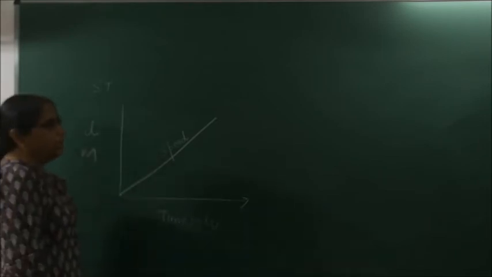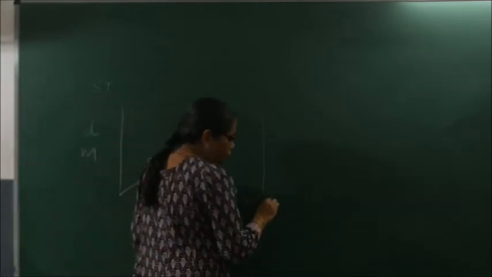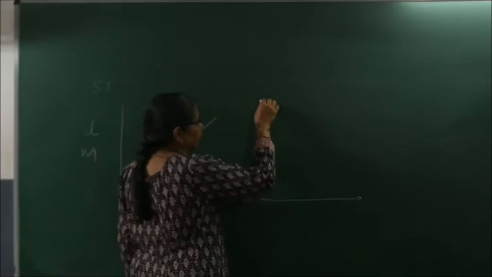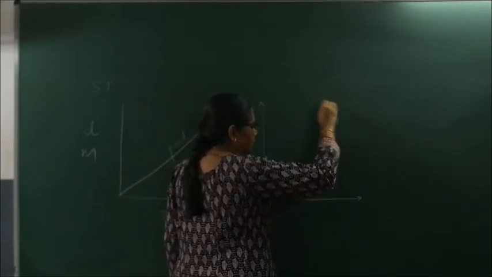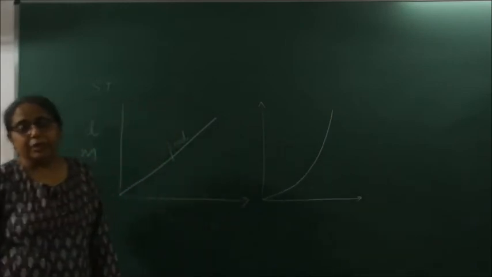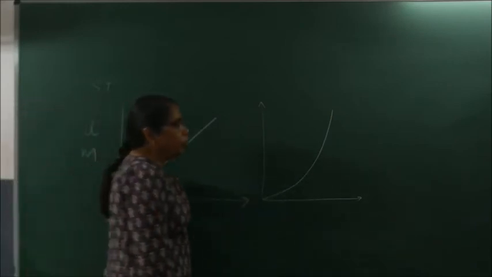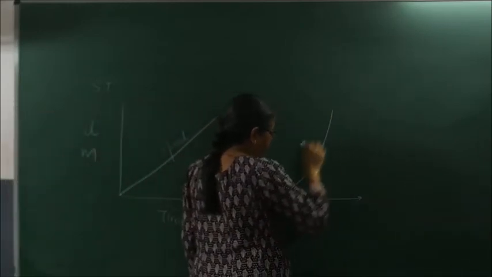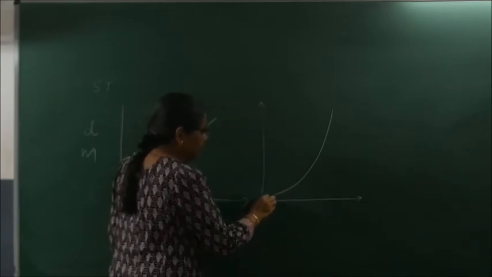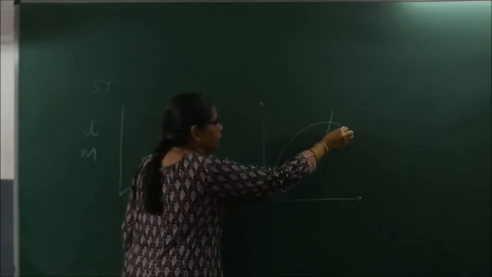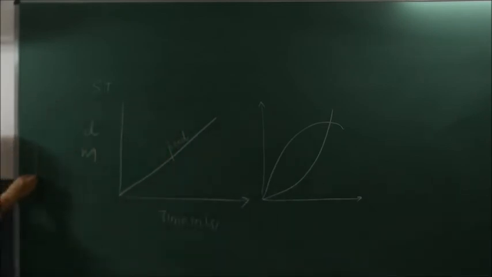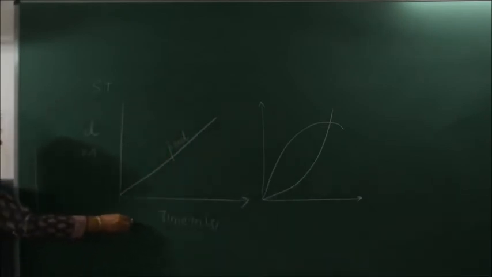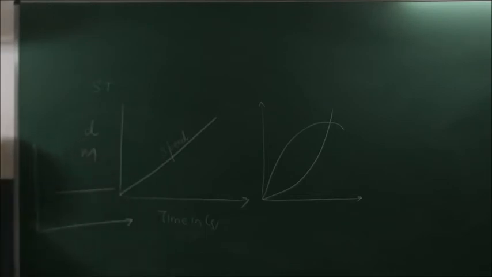If the body is moving with non-uniform motion with an increasing speed, the distance time graph is shown like this. If there is an object moving with non-uniform motion but with a decreasing speed, the distance time graph goes like this. Correct? If there is an object which is at rest, the distance time graph is parallel to what axis?